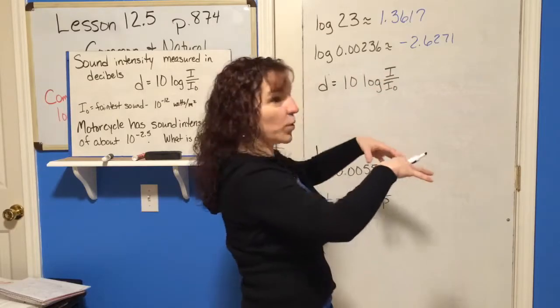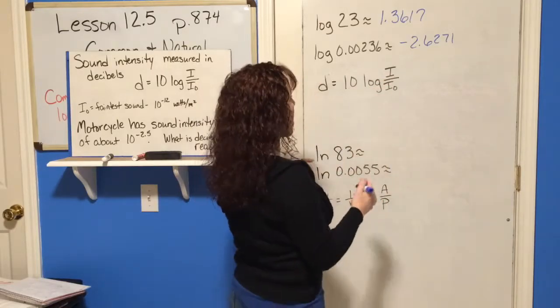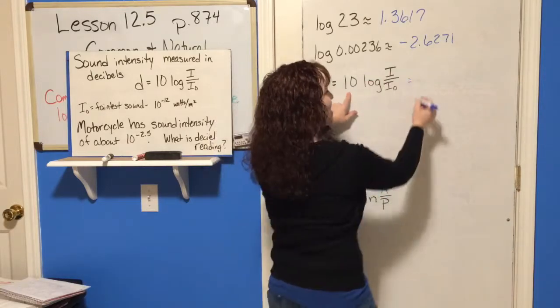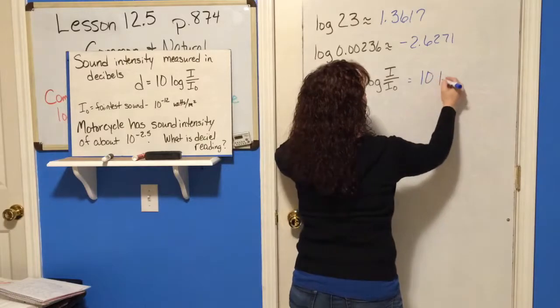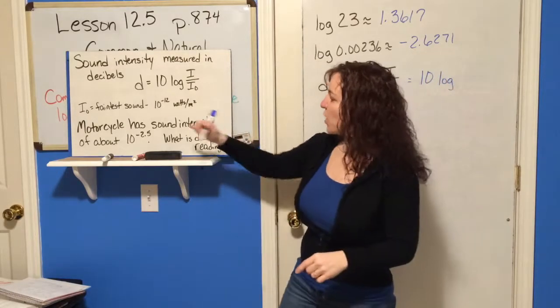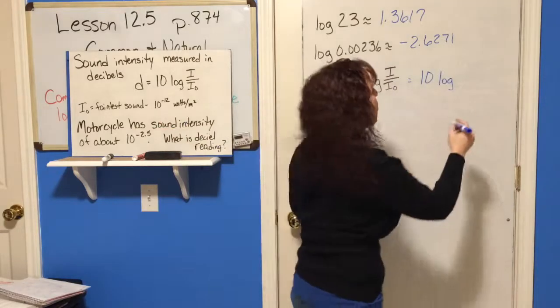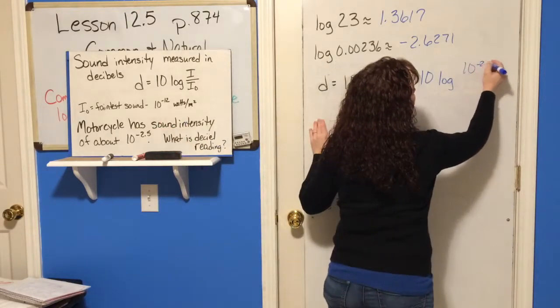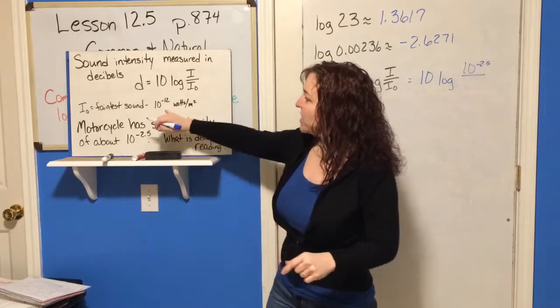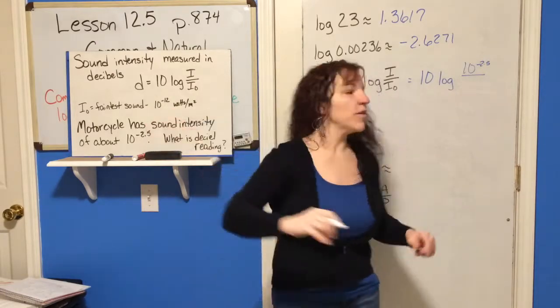We're going to fill in what we know and solve for the decibels of this motorcycle. So 10 stays 10, and then we've got log of the intensity. Now the intensity of the motorcycle we found was 10 to the negative 2.5 power, and that's over the initial intensity, which we know is 10 to the negative 12 power.